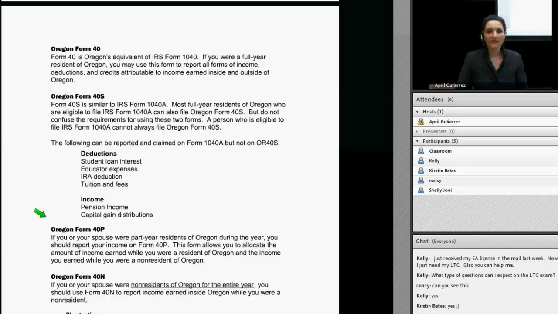Now, this is kind of just a side point that I wanted to make to you, in that these differences on the Oregon form have created problems in my own practice, because when people call our office, we try to give them a good, accurate price estimate on what we're going to charge to prepare their tax returns. And after about 10 or 12 years of trying to train my tax preparers on how to know the difference between Oregon 40S and 40 requirements, I gave up and I made both forms the same price.